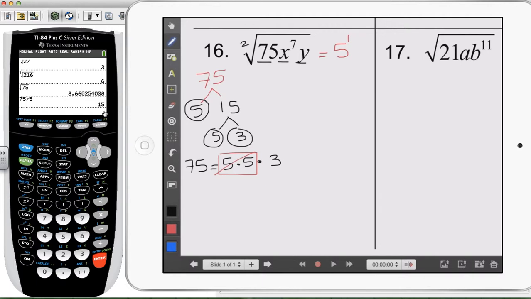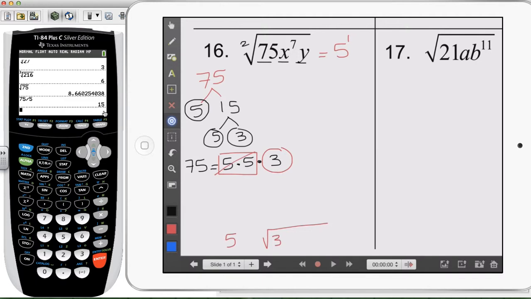The 3, however, is not in any group, so it's going to stay inside the radical. So I'm going to write over here 5, and I'm going to create a square root and keep 3 inside. So when you do the prime factorization, if you have a group of 2, it leaves the radical. If you do not, it stays inside the radical. As you can see here, not everything is going to be completely simplified.